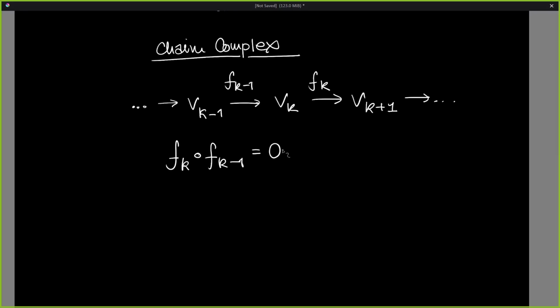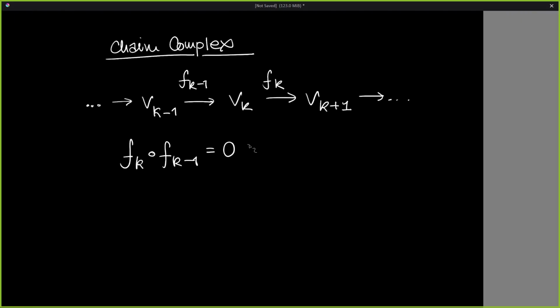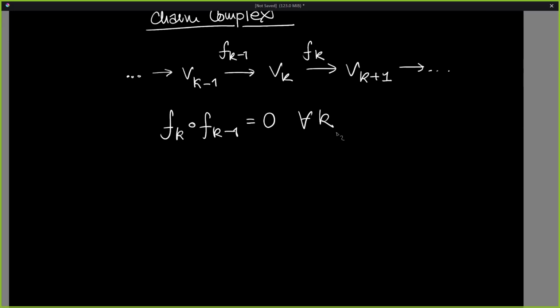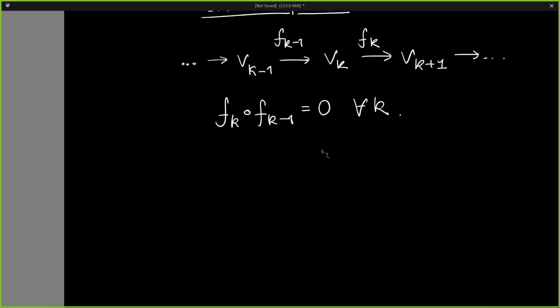This should start ringing some alarm bells because it should look familiar. And this has to be true for all k in the chain. The idea this condition implies is that the image of f_{k-1} is a subset of the kernel of f_k. That seems familiar. We looked at images and we looked at kernels.